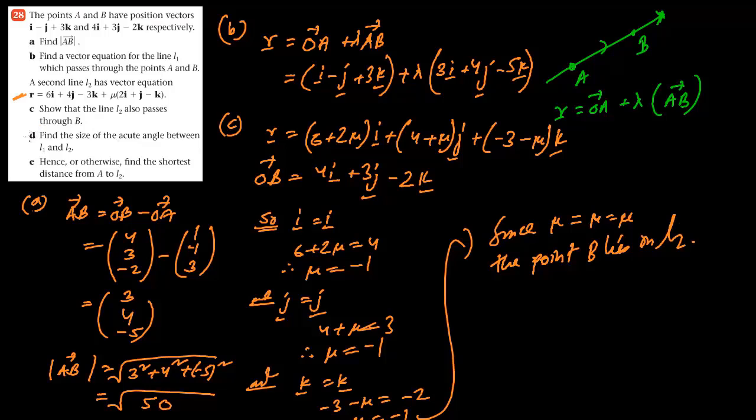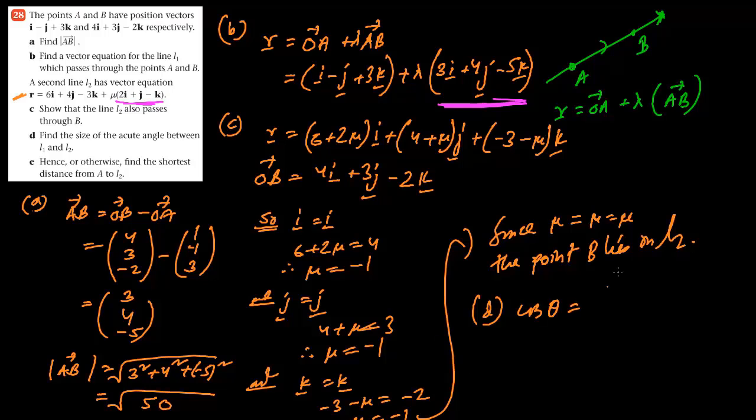Question number D is find the angle between L1 and L2. For this, we need the direction vector of L1 and the direction vector of L2. So which is this one? This over here is the direction vector of L1, and this over here is the direction vector of L2. So we can easily find the angle.